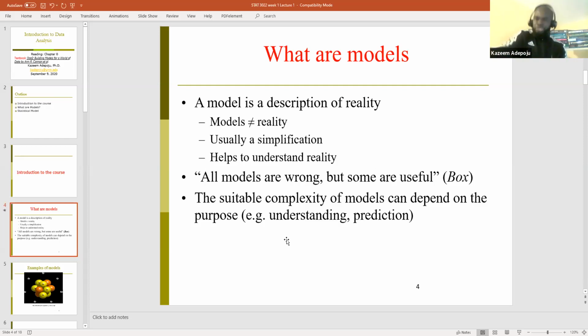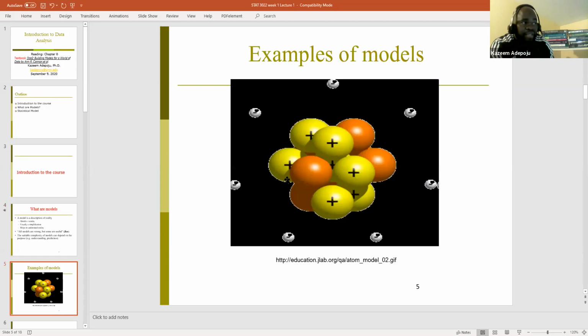When you try to simplify the complex reality, it means you are actually using a model. That was why I said the suitable complexity of a model depends on the purpose: understanding or prediction. Whether a model is going to be complex or not depends on what you actually want to do with the model. That is what we're going to be doing in this course. Now I'm going to give you an example of a model.